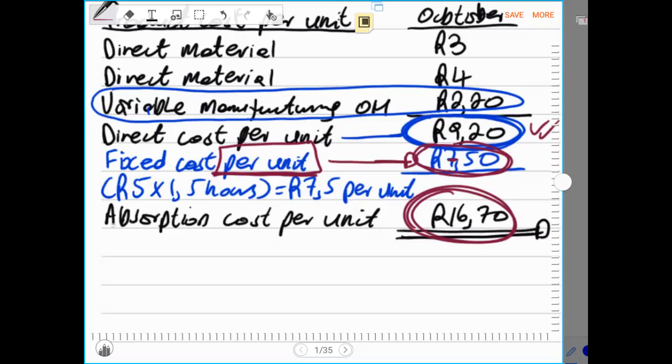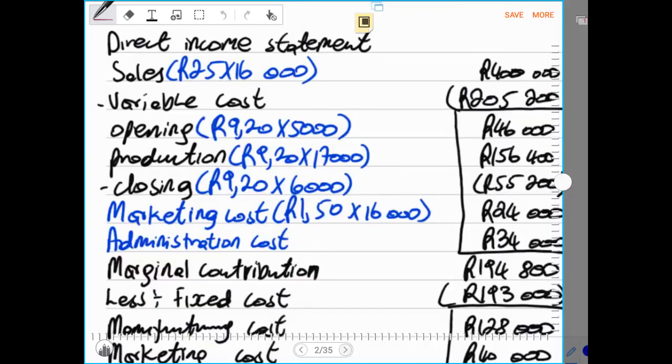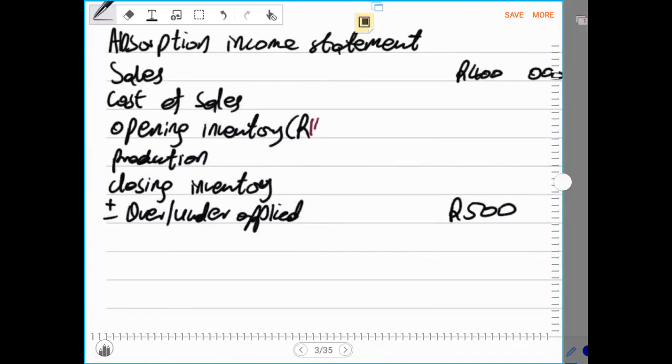In the absorption, we take the total of 16 rand 70 cents. So we multiply 16 rand 70 cents by the 5,000 units that were in the opening.